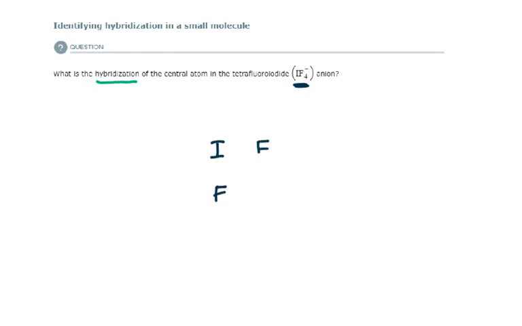1, 2, 3, 4. And we should have 36 valence electrons to work with here. 18, 20, 22, 24, 26, 28, 30, 32.